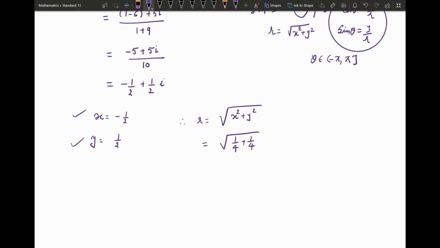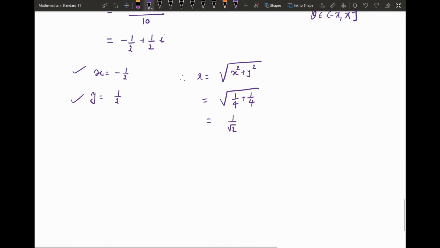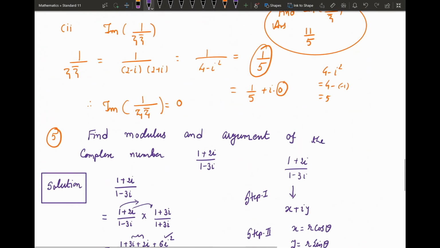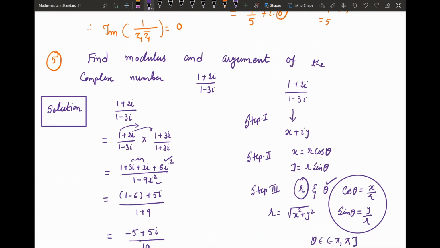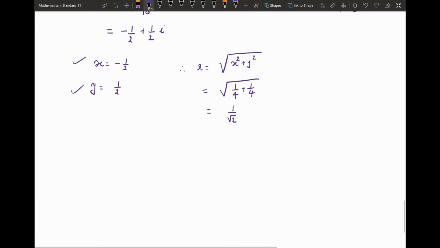This simplification will be 1 upon root 2. So if we denote the given complex number by z, let z equal to 1 plus 2i upon 1 minus 3i, then the modulus of z is equal to 1 upon root 2.